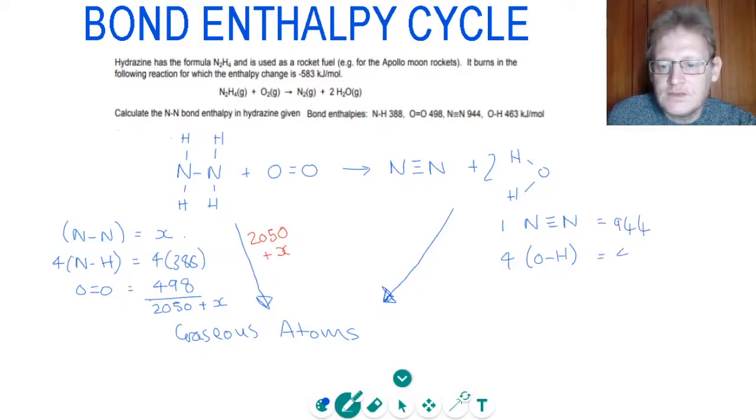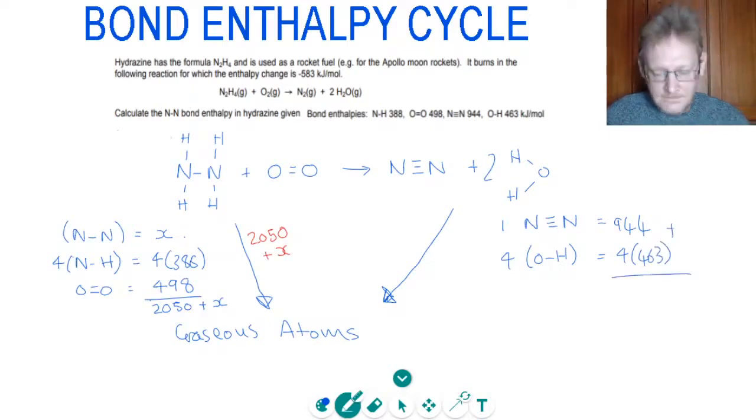4 OHs is 4 times 463. Then add them together. Is 2796.